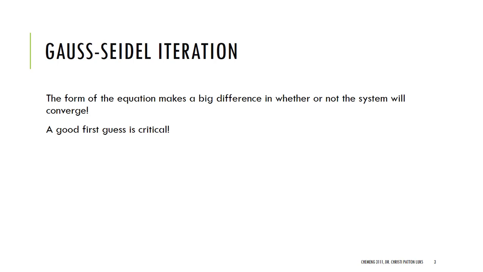A good first guess matters, and which form of the equations you use makes a big difference. So this technique doesn't have to work, but it frequently does if you do the setup properly.